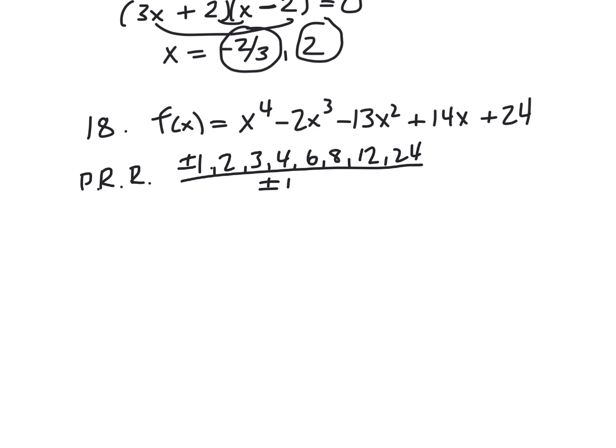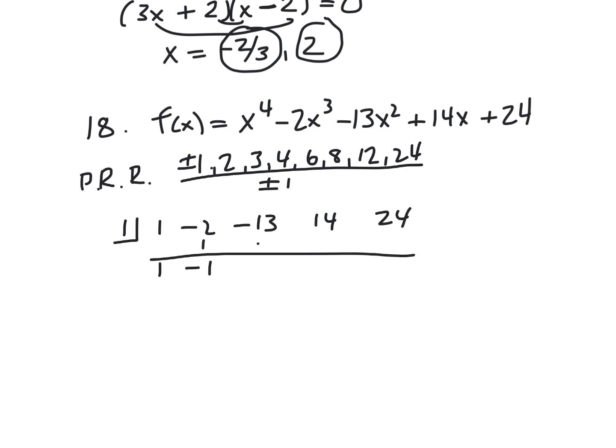So we would just begin by trying some of them. If I try 1, I'd have 1, negative 2, negative 13, 14, and 24. Bring down the 1. And that does not work.